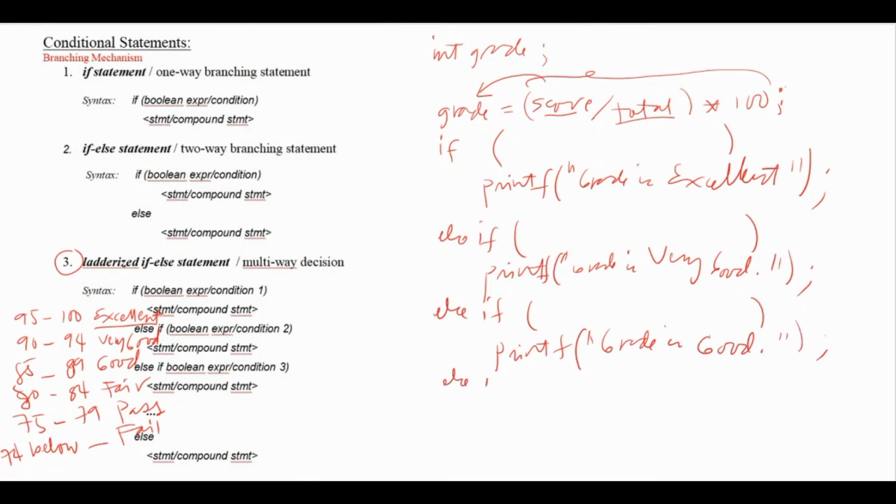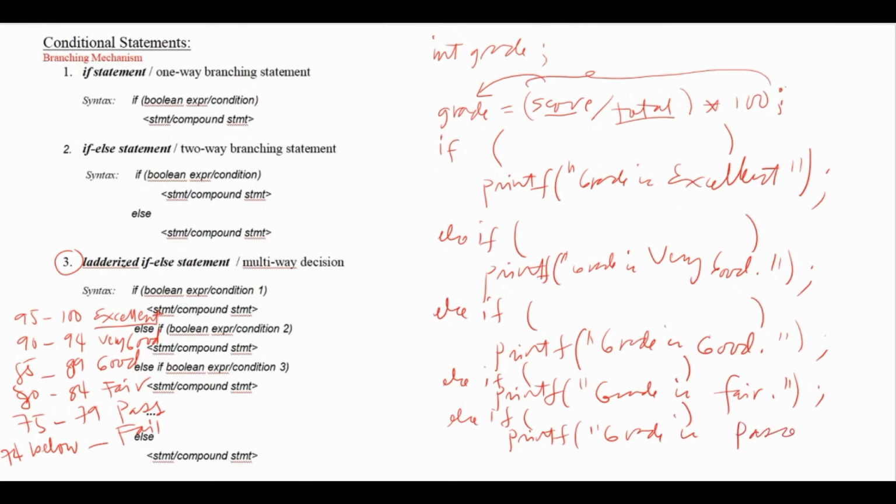And then another condition for fair, then we output printf grade is fair. And then else if another condition, and then we output grade is passed.